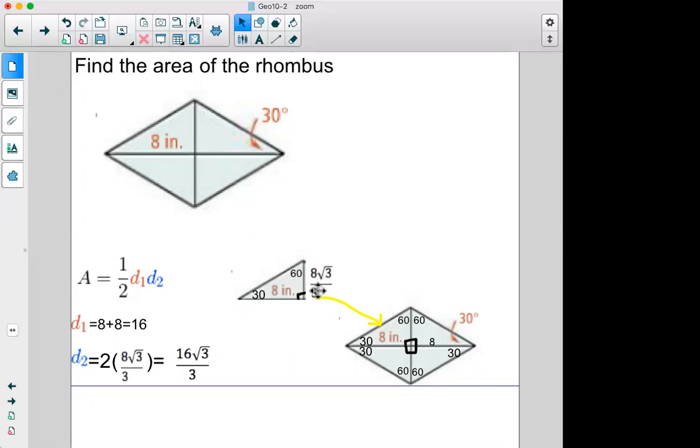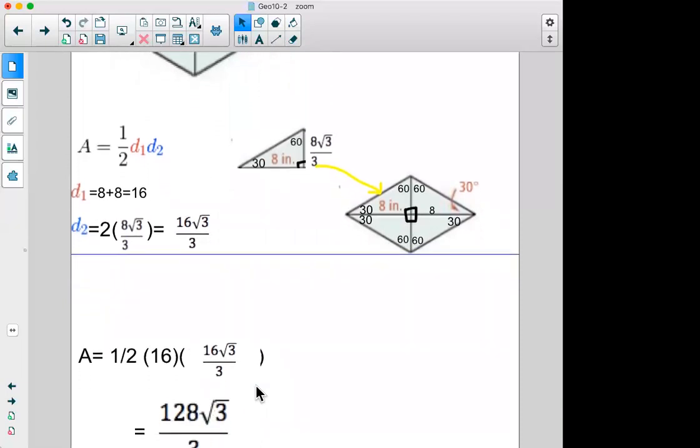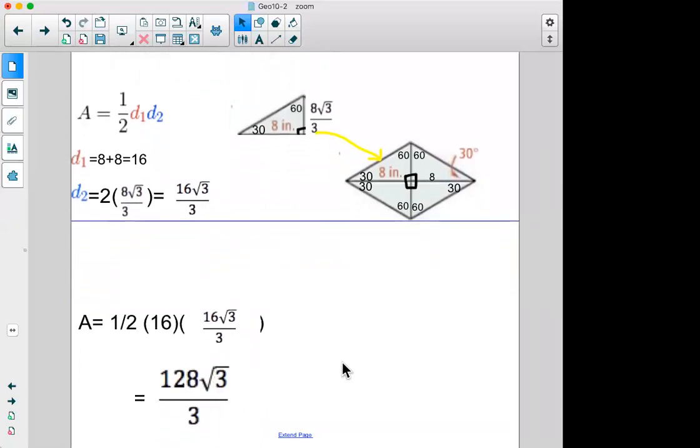You could also get a decimal, that's fine. Then if this part is 8 root 3 over 3, we would have to double it to get the whole diagonal. And if we double it, we get this value. Once we know both diagonals, we can plug it into our formula to get our final result. And you could leave it in radical form or get a decimal approximation.